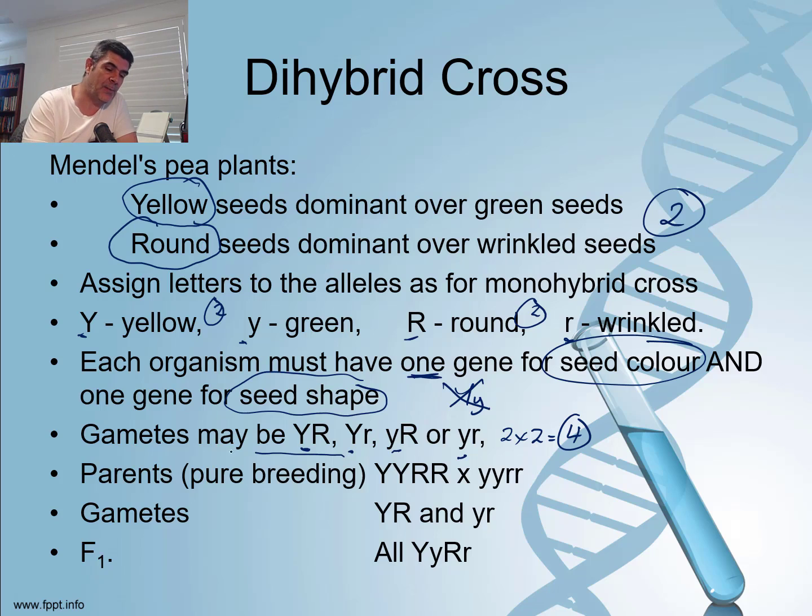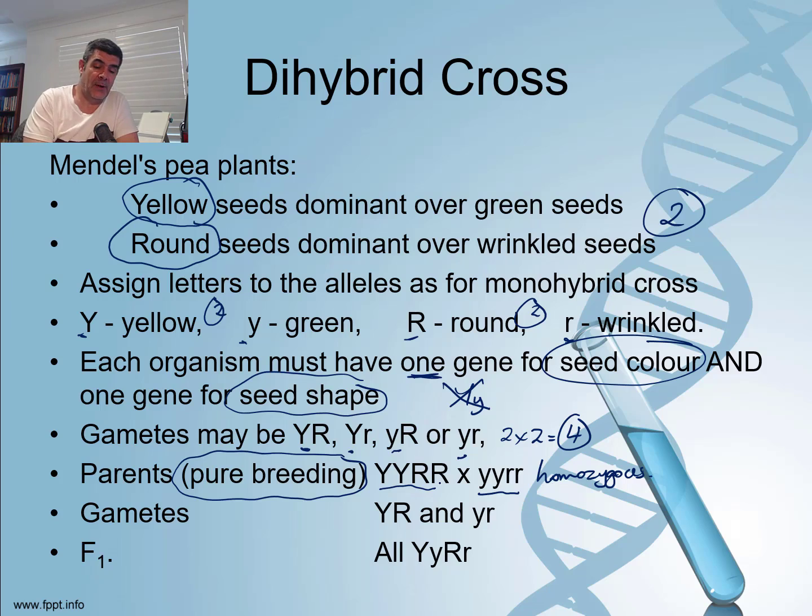Mendel started with pure breeding plants that were homozygous. What he wanted to do was to look at pure breeding for the dominant traits and pure breeding for the recessive traits. In our first example, capital Y, capital Y, capital R, capital R would be yellow, round seeds, and little y, little y, little r, little r would be wrinkled and green seeds.